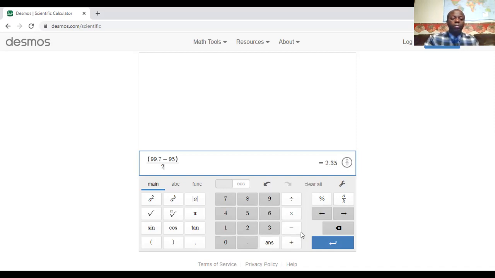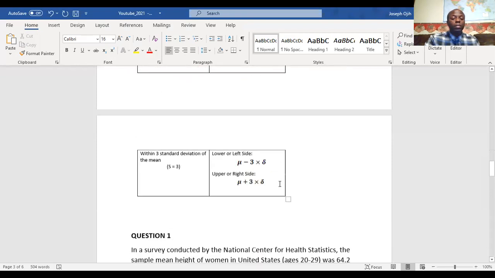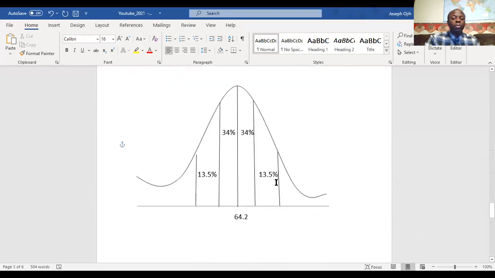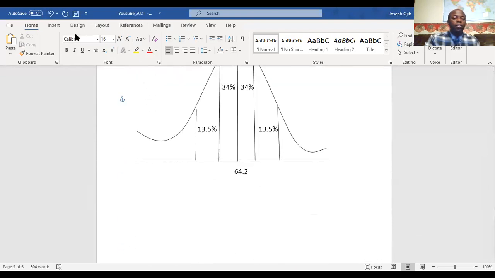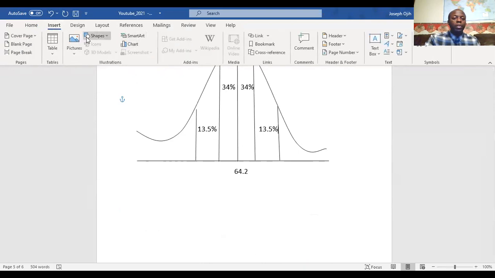So take it back. 2.35%. So we put the line, first of all, I'm putting 2.35%. Okay, here.